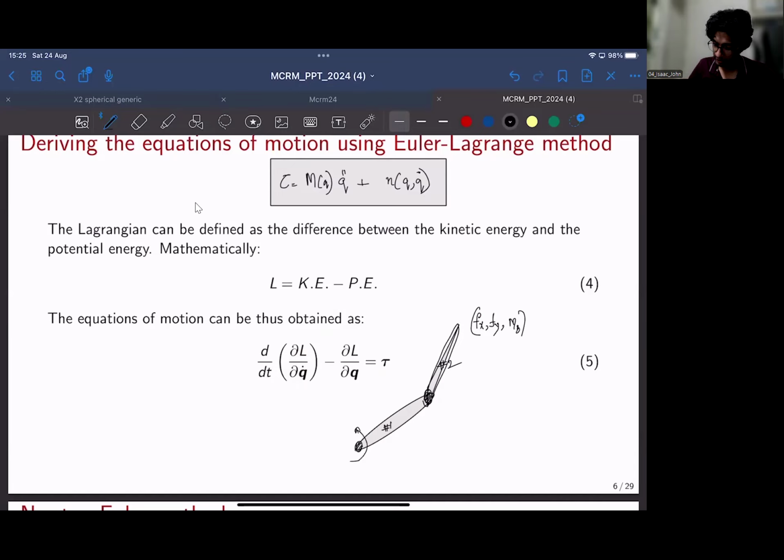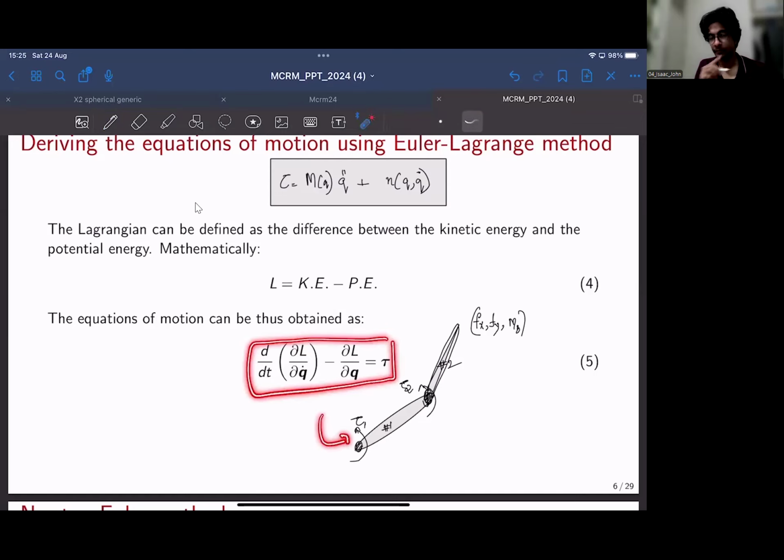And if tau1 is the torque on the first joint and tau2 is the torque on the second joint that we supply onto the robot, this Euler-Lagrange method directly gives you this joint torque. So that is actually good. It's very efficient as long as you only want to estimate these torques. But what about the other components?